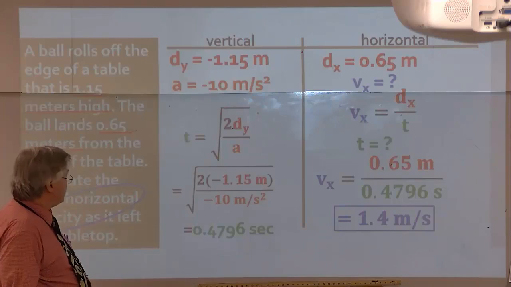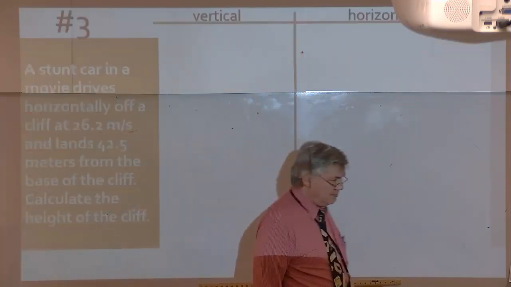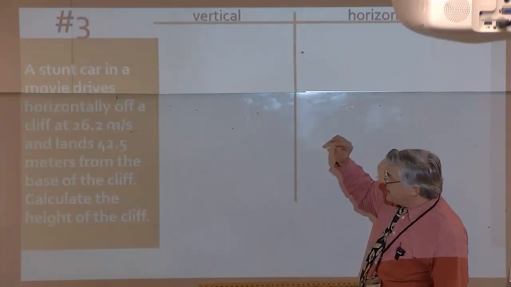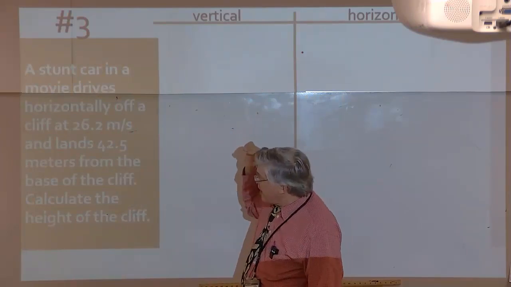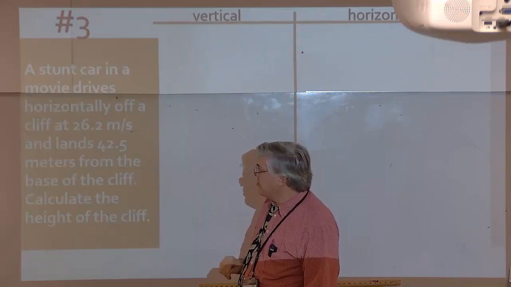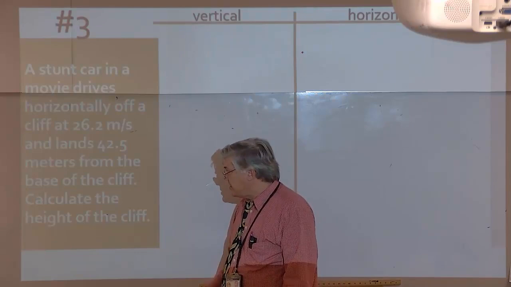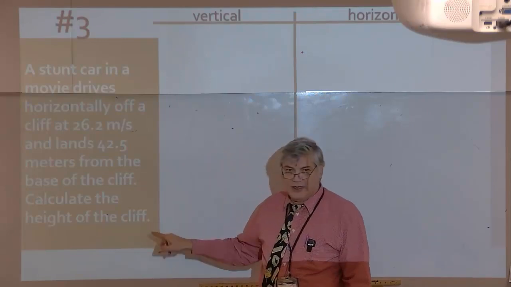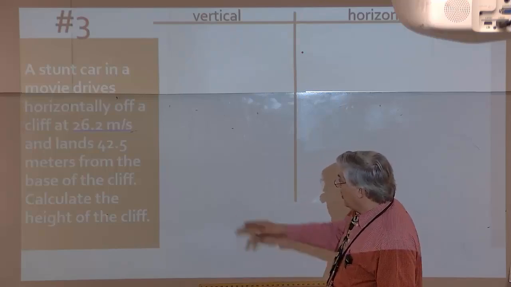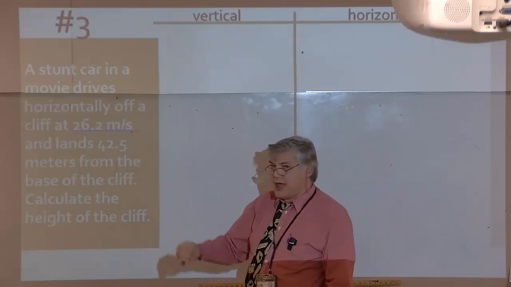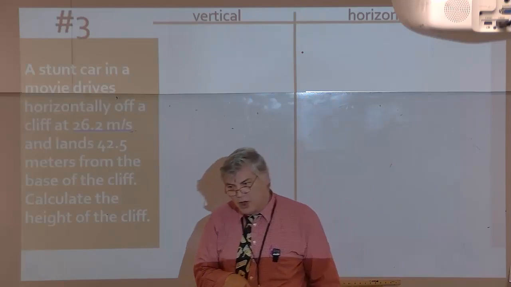Okay, let's look at the next one. Number 3 says, a stunt car in a movie drives horizontally off a cliff at 26.2 meters per second and lands 42.5 meters from the base of the cliff. Calculate the height of the cliff. 26.2 meters per second is the velocity that it goes off of the cliff.